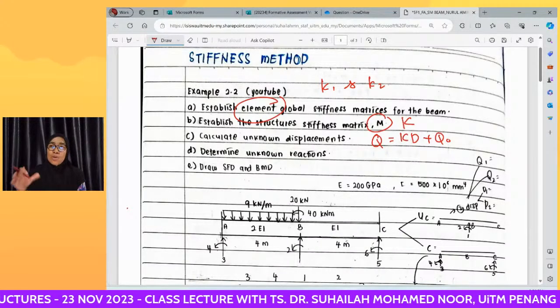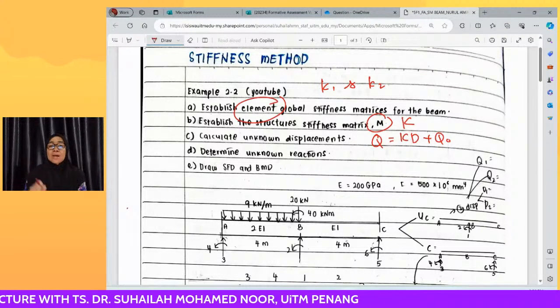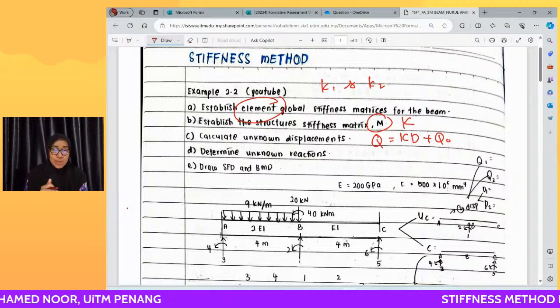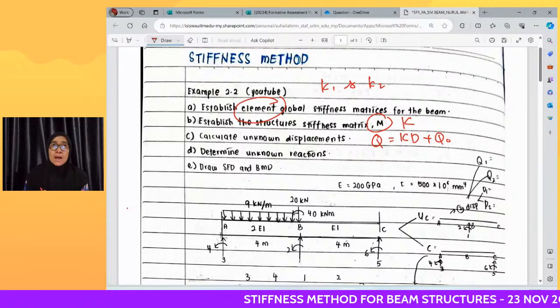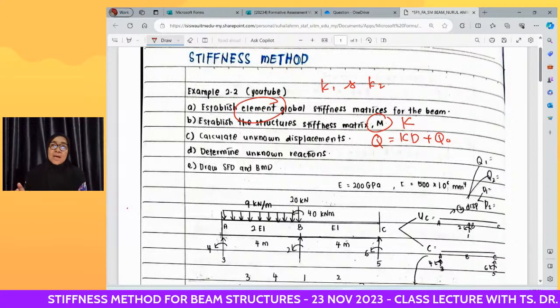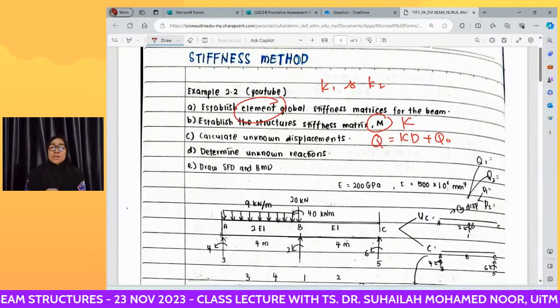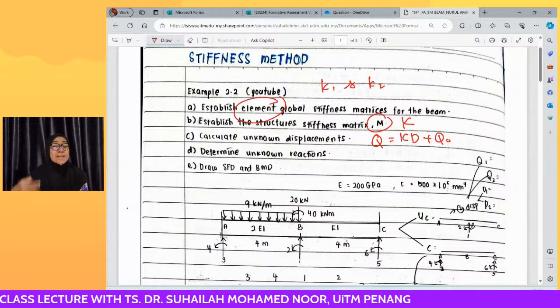Loading is given directly to the nodes in a truss system. However, Q naught also exists in trusses whenever the truss has the effect of temperature changes and fabrication error. That example we will cover in another video.